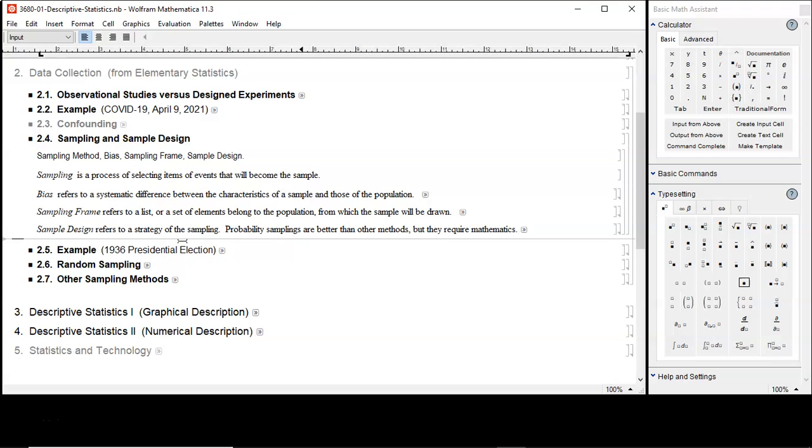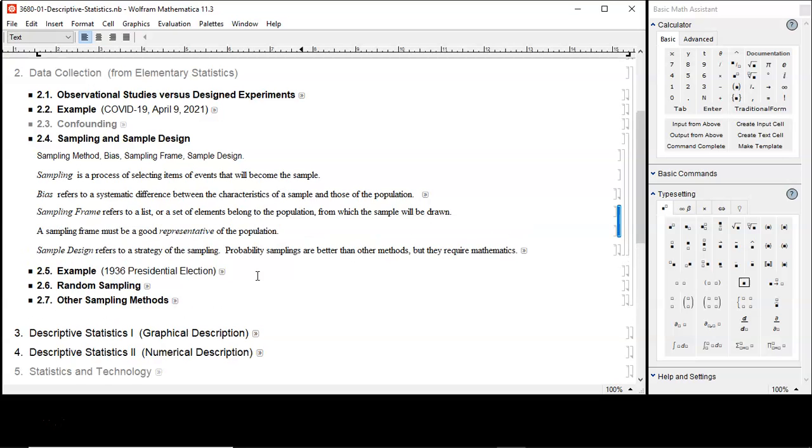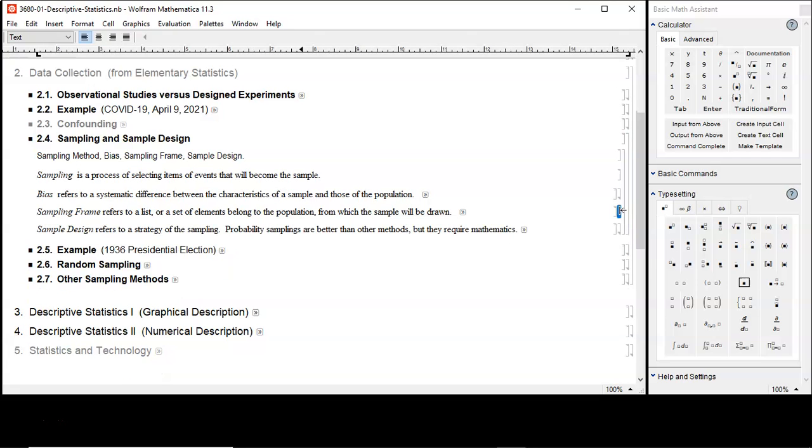So we have to resort to some sampling frame, which is much less than the population itself, yet it's a good representative of the population. And this can be very difficult and expensive and can be troublesome.